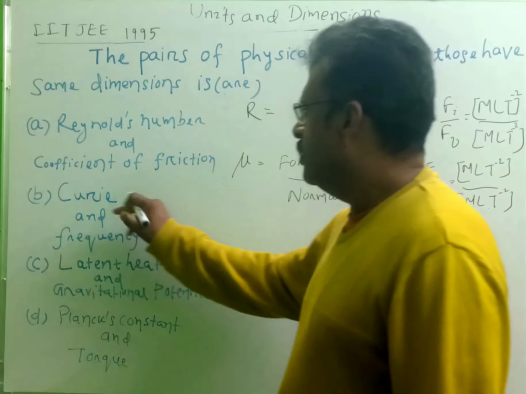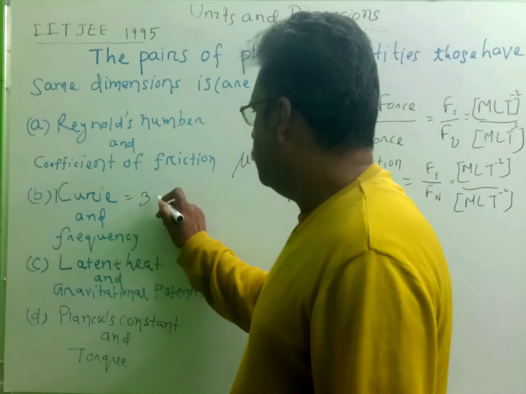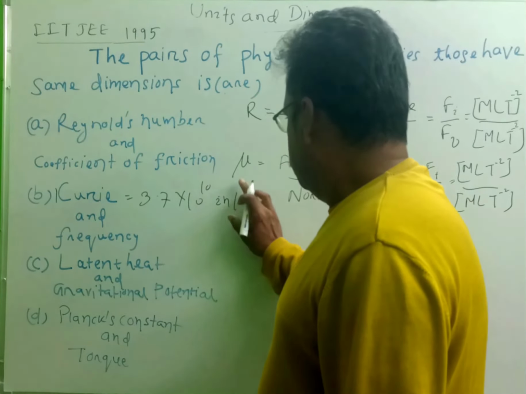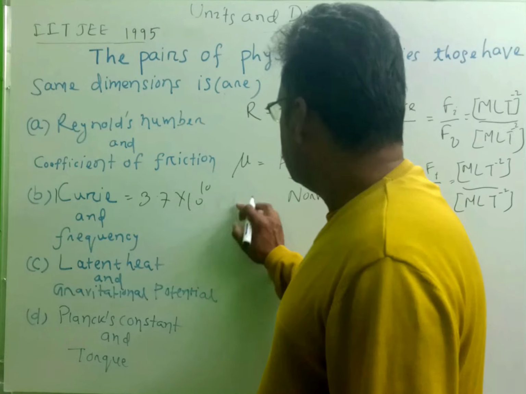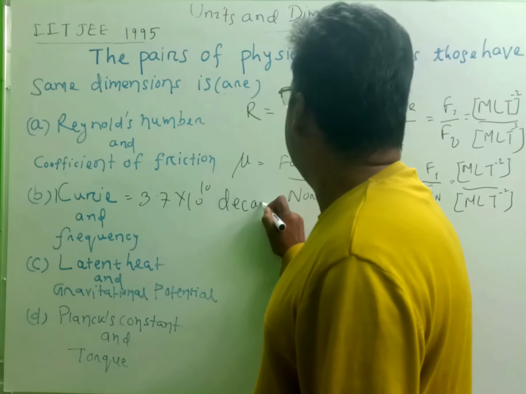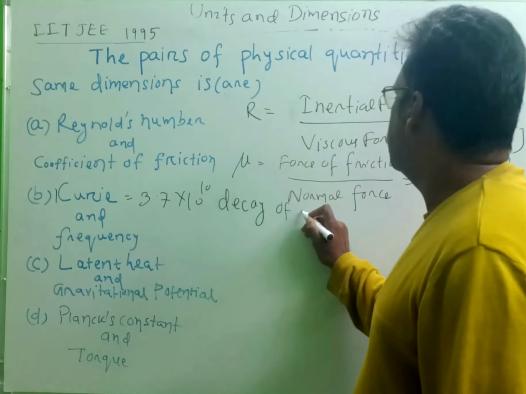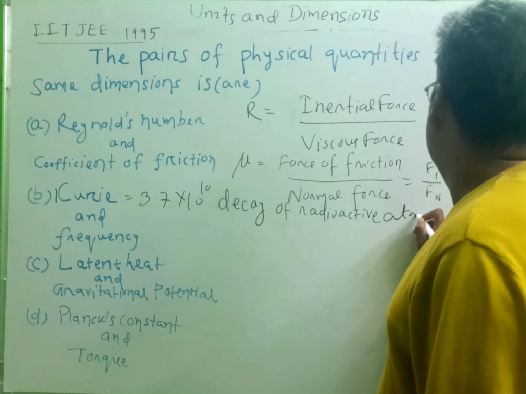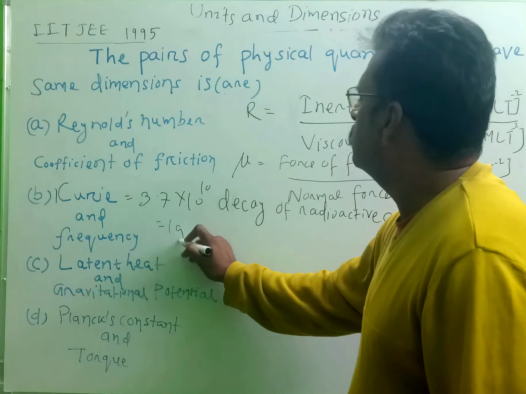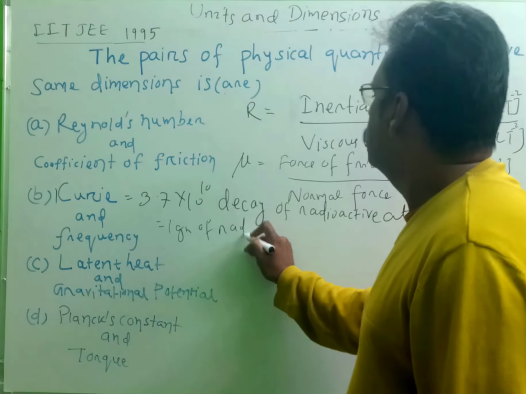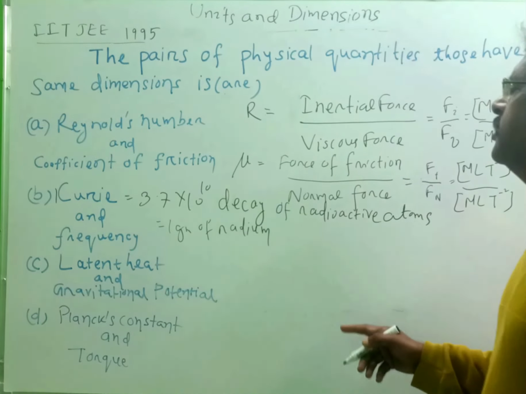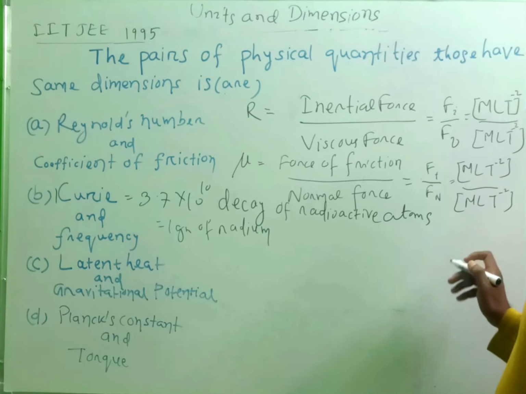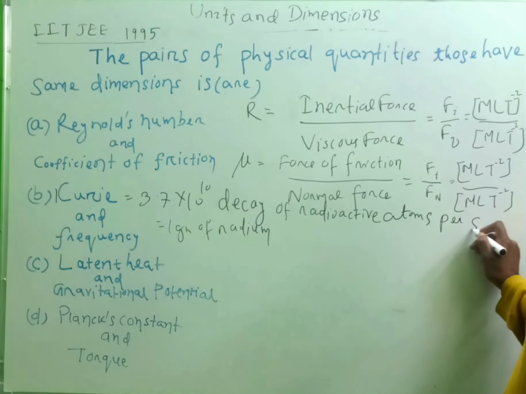What is Curie, student? 1 Curie is equal to 3.7 into 10 to the power 10 disintegrations, 10^10 decays, of radioactive atoms per second, that is equal to 1 gram of radium. 1 gram of radium disintegrates, 3.7 into 10 to the power 10 radium atoms disintegrate per second.